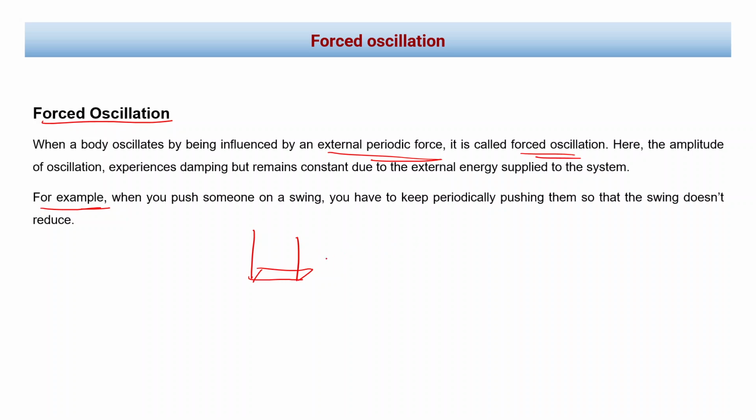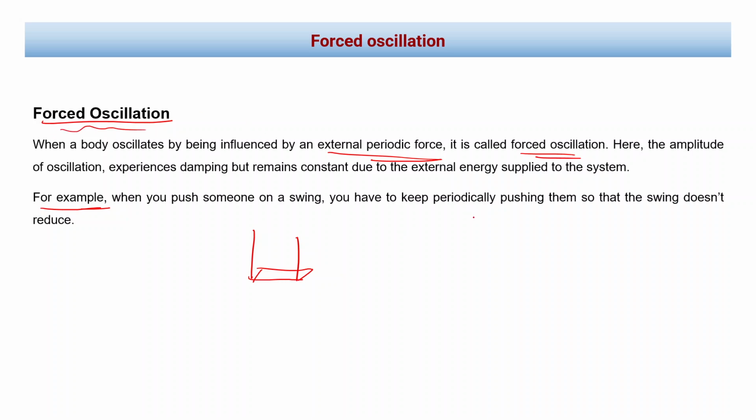Otherwise, if you push it just once, after some time it will come to a halt because it will get damped. But if every few minutes you give it a push again, it will keep on moving. So this is an example of forced oscillation.